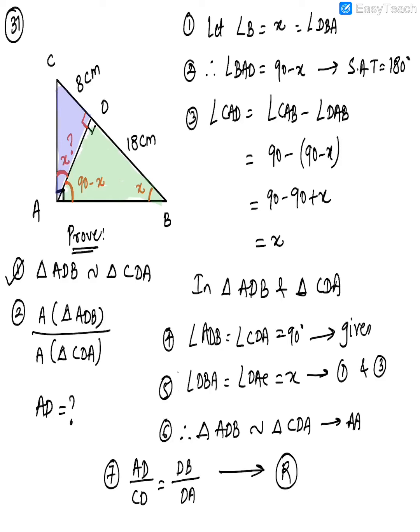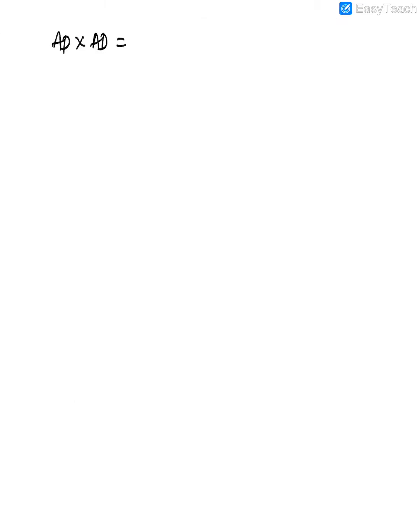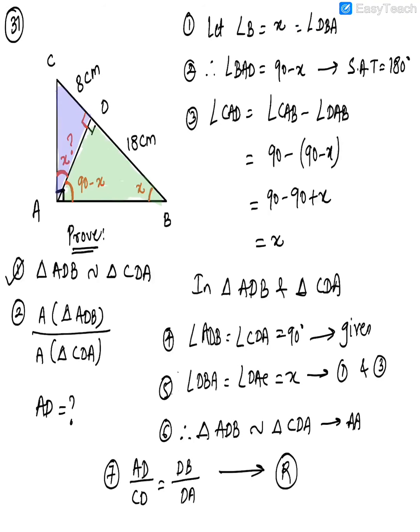CD is 8, and DB is 18. So it will be 8 into 18, which can be written as 8 into 2 into 9, 16 into 9. So this is your AD squared. So AD will be equal to 4 into 3. So AD is equal to 12 centimeters. Done.